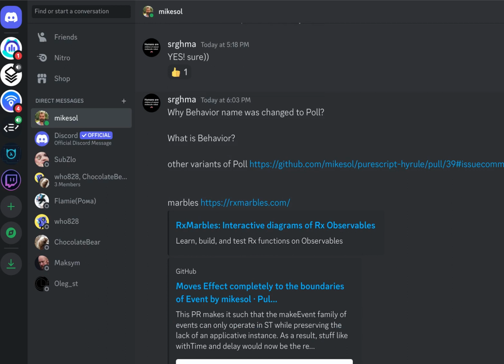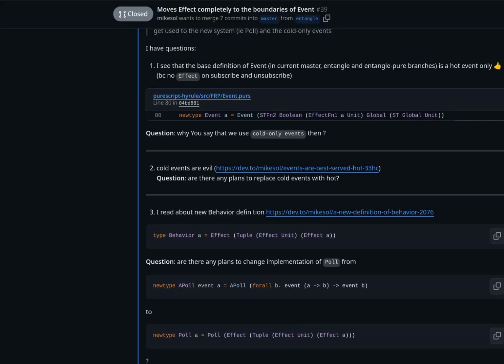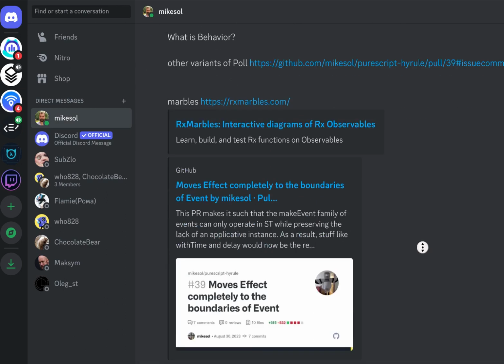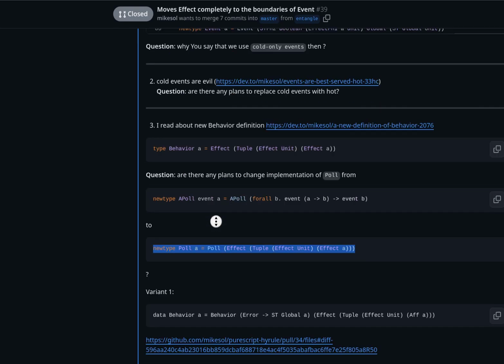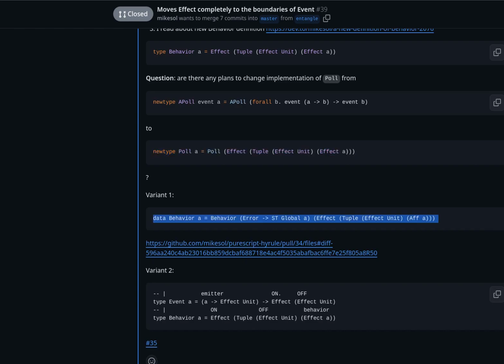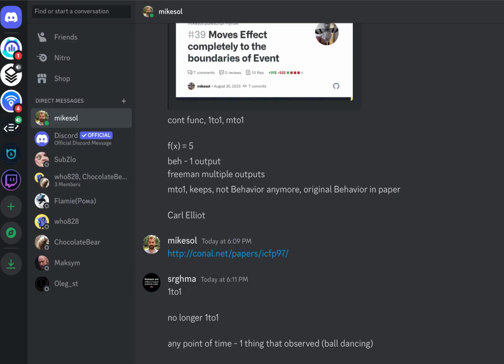And I have seen in our library and your posts that you wanted to change the definition of poll, and I have seen that you did change to this definition.